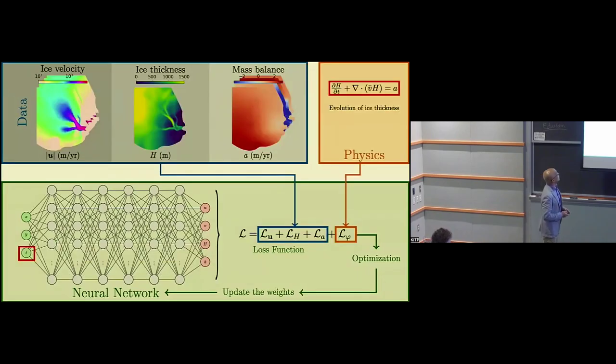A third example is you can easily change your physics. You can use completely different types of physics. The reason is that modern packages for solving neural nets are all equipped with automatic differentiation.